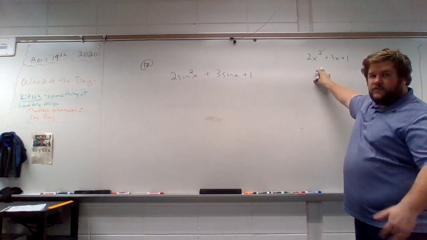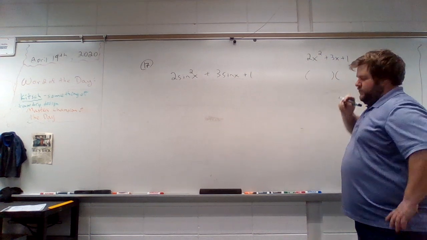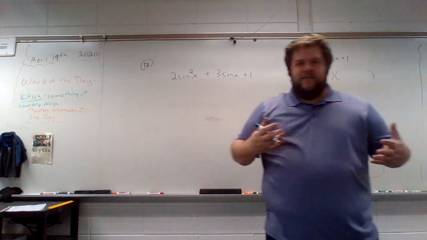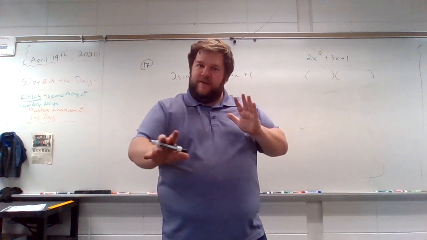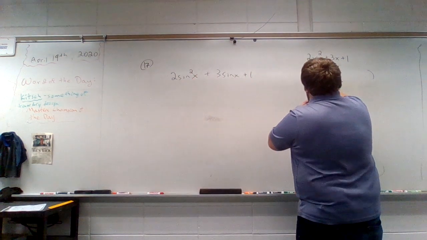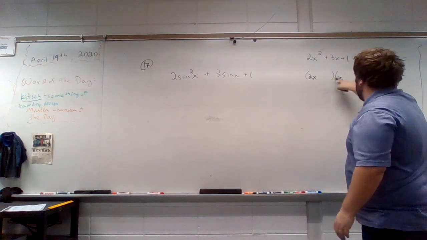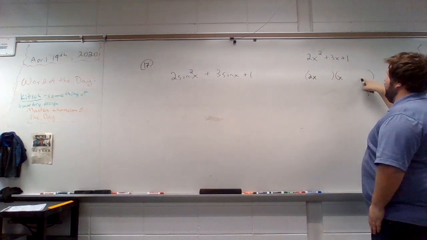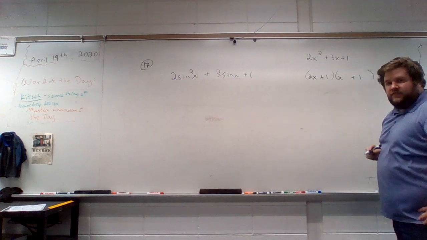But 2x squared plus 3x plus 1. Well, what are these first two terms going to be? Really the only way is 2x and x, right? So that makes it nice. And the only way this can be a 1 is either negative 1 and negative 1 or positive 1 and positive 1. All these terms are positive, so it really has to be this.